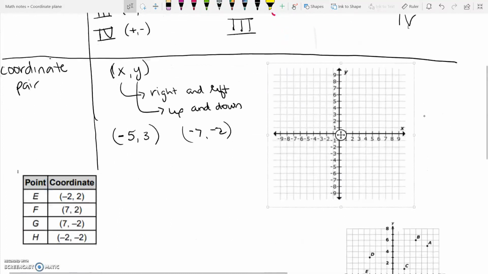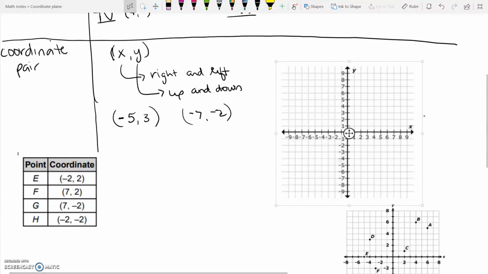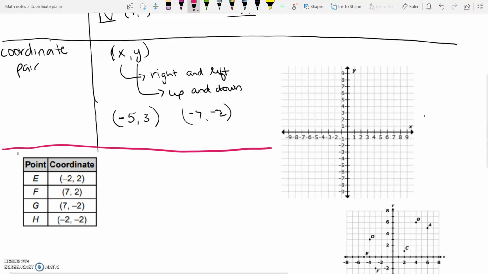I'm just going to move it down. You can write on the one that you still have. All right, so I want to plot these points. So E is going to be at -2 and +2. So I'm going to start at my origin, and I'm going to go over 1, 2, and then up 1, 2. Okay, so there is my E. I'll mark that as an E.